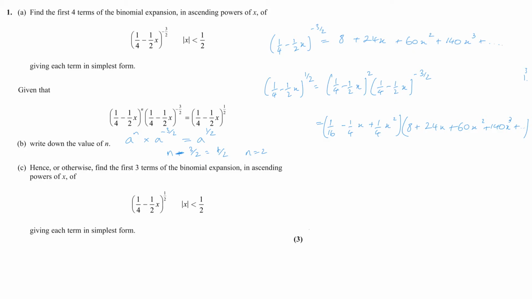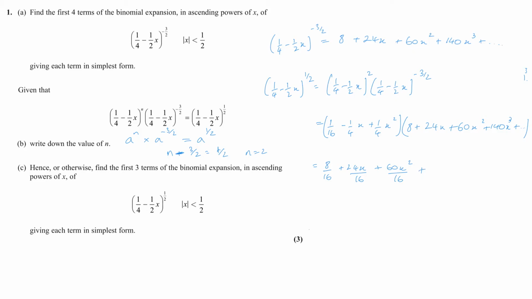So first we multiply the 1/16th by everything, and that gives you 8 over 16 plus 24x over 16 plus 60x squared over 16. And since I need to find the first 3 terms, I'm only going to go as far as x squared. So the x cubed term here is not needed.